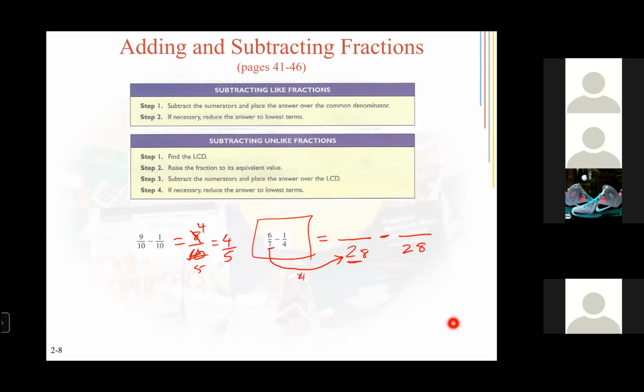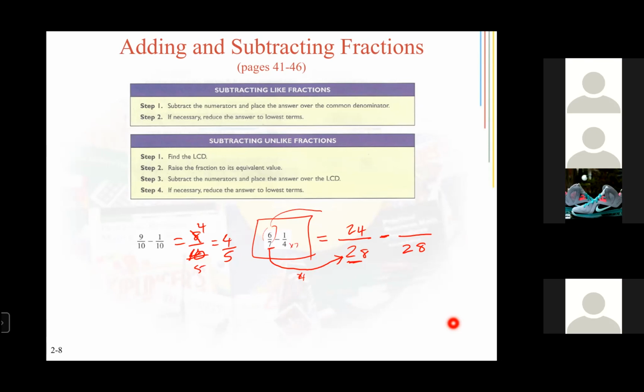7 times 4. So you have to do the same thing with the 6. 4 times 6 is 24. So that should be 24. And then the second fraction, which is a quarter. We say 4 times 7 is 28.